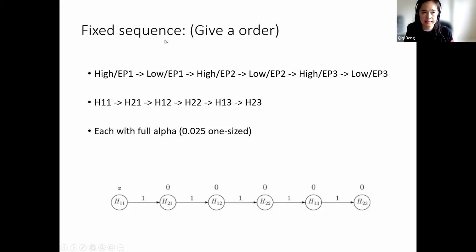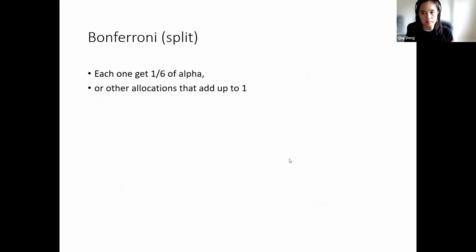We call that fixed sequence testing. And there is a simple Bonferroni split, where you split alpha into 6 portions, and each one gets 1/6 of alpha.